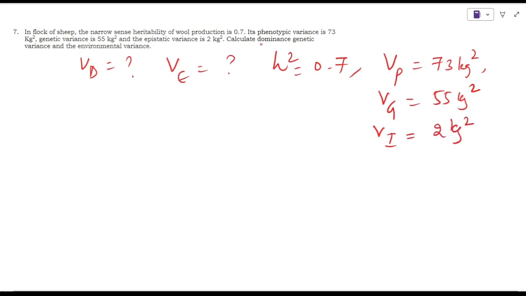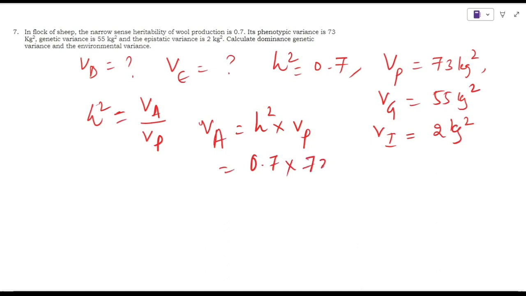So first we need to go for the formula: small h square is equal to VA divided by VP. Then to calculate the VA value, VA is equal to h square into VP. h square is equal to 0.7 and VP is equal to 73. So the VA value is 51.1.